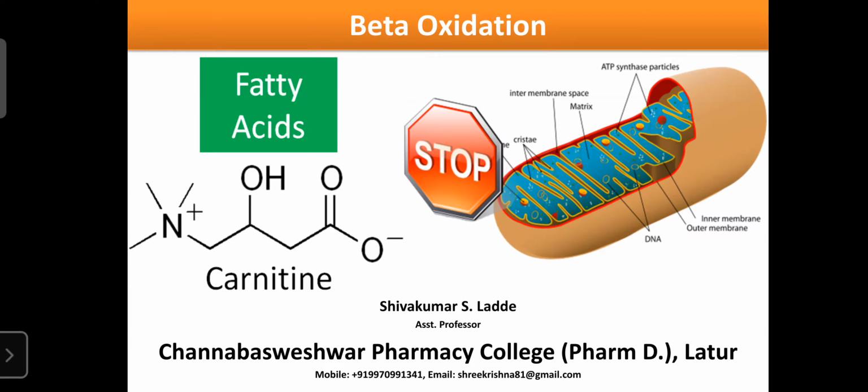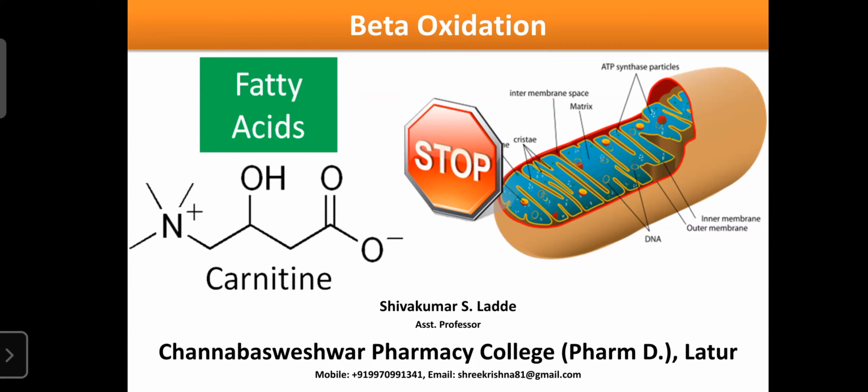As you know, various oxidation processes are there: alpha, beta, as well as omega oxidation. Beta oxidation occurs in the mitochondria and also in the peroxisomes, but majorly in the matrix of the mitochondria.